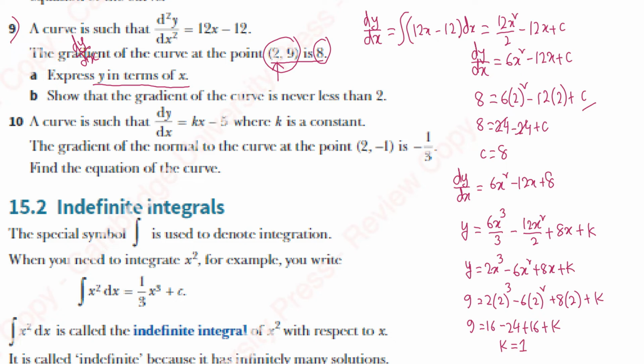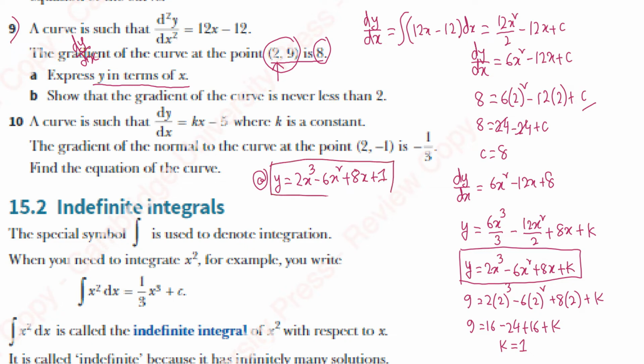So for our final expression, just put in the value of k and write y = 2x³ - 6x² + 8x + 1. This is our expression, answering the first part: express y in terms of x.